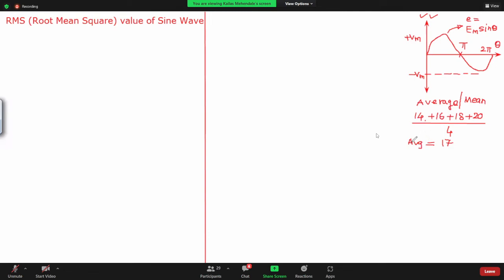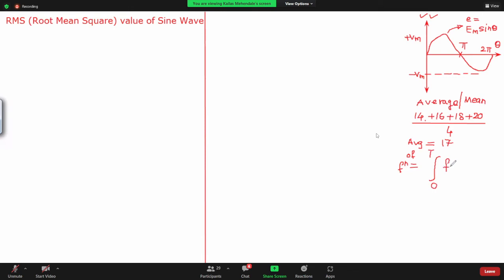Okay. So the same concept will be used. If I have to find out the average of any wave shape or any function, say I will say average of function, I will integrate the function over one cycle.